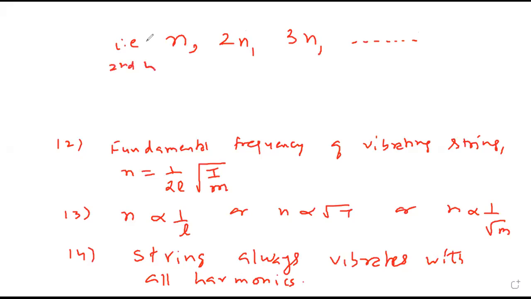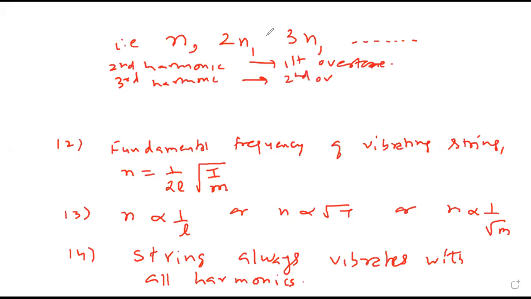Second harmonic is first overtone. Third harmonic is called second overtone.